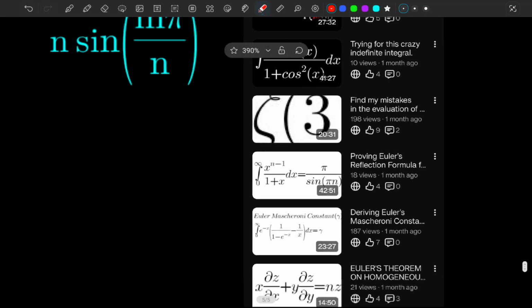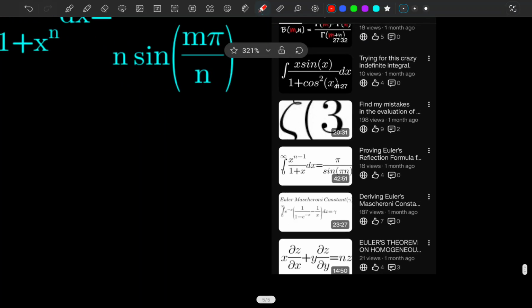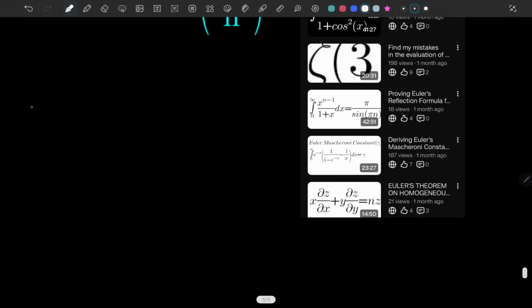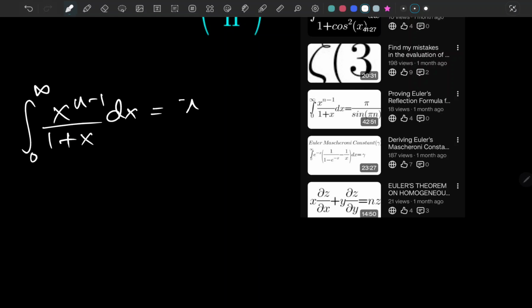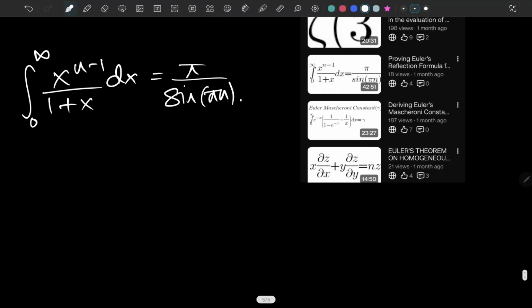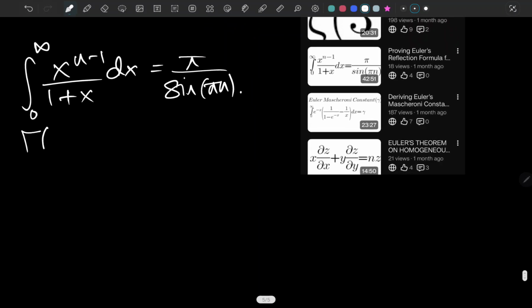Wow, this is crazy. And the result that we have from that integral, the integral from 0 to infinity of x to the n minus 1 over 1 plus x dx equals pi over sine pi n, is known as, let me just show you.